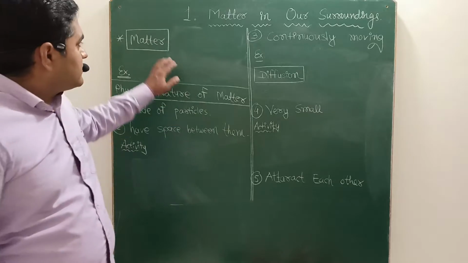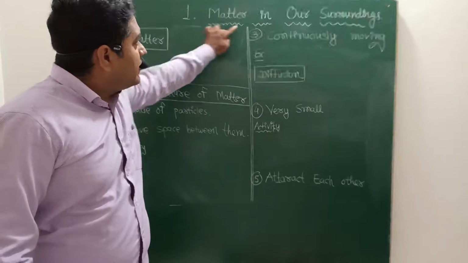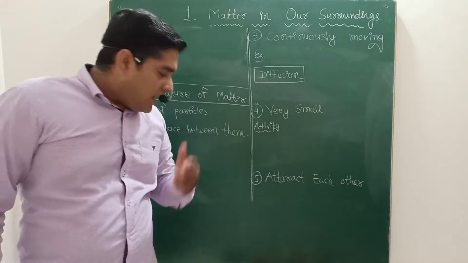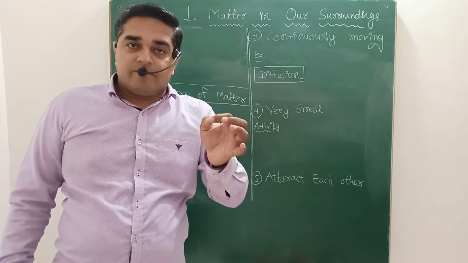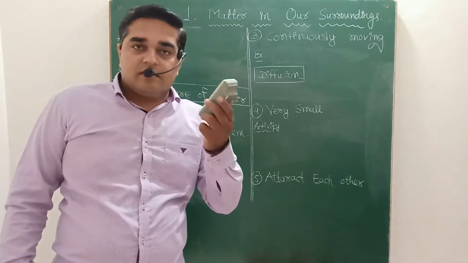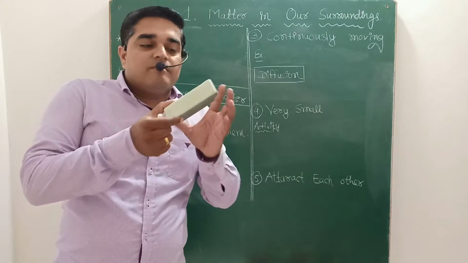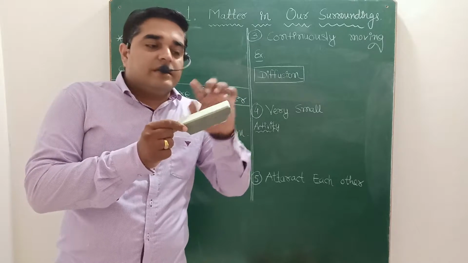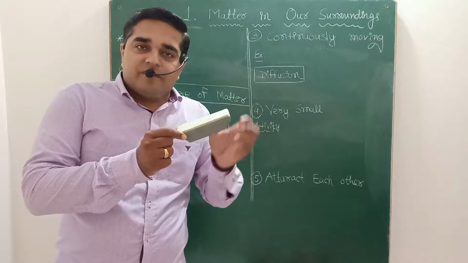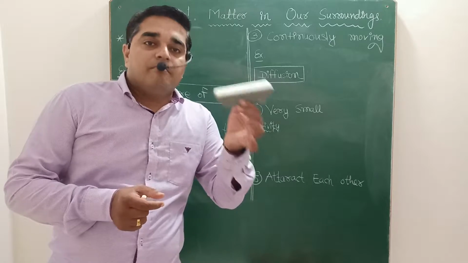Let's see, first of all, what do you mean by matter? Anything around us, like this dust, has some mass and occupies space in the universe. That's why it is called matter.